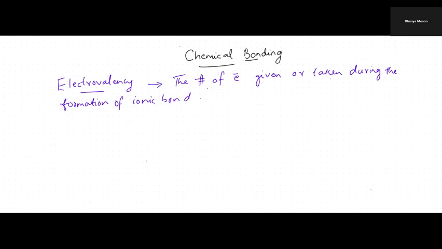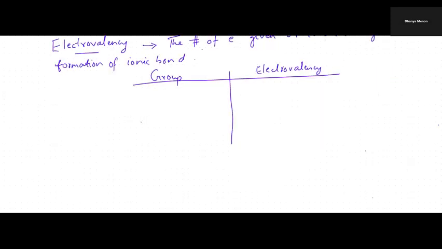Okay. Suppose if it is group 1, okay, group 1 means the elements are lithium, sodium, potassium, rubidium, okay.